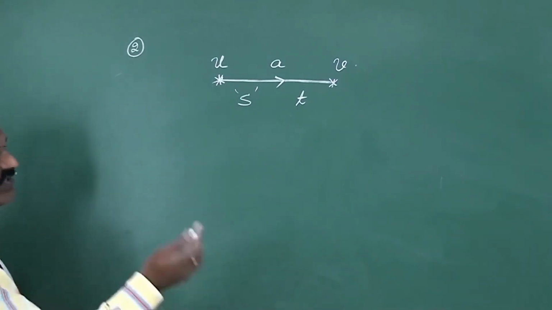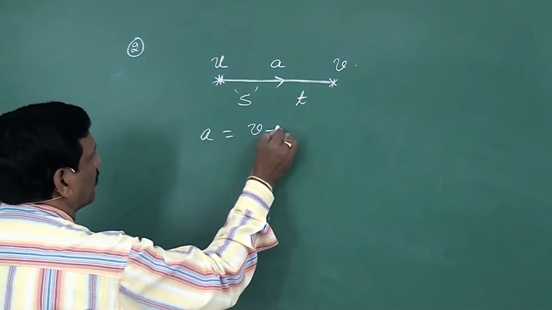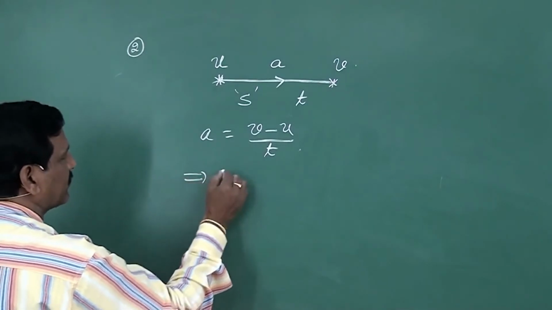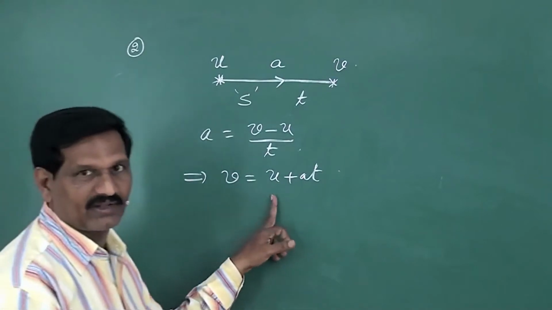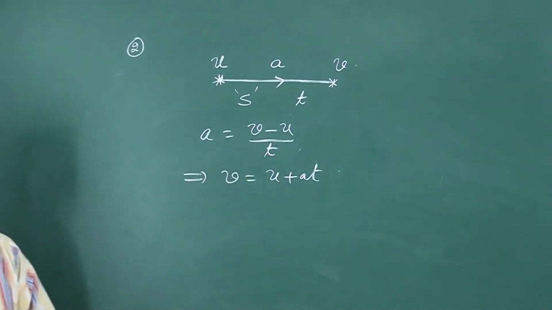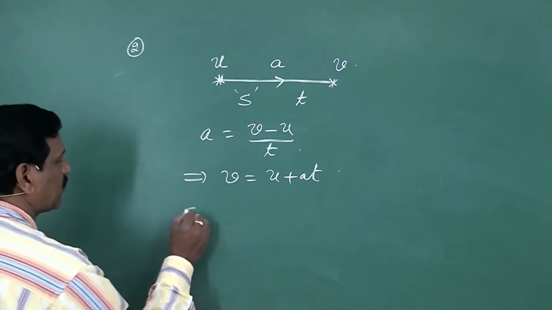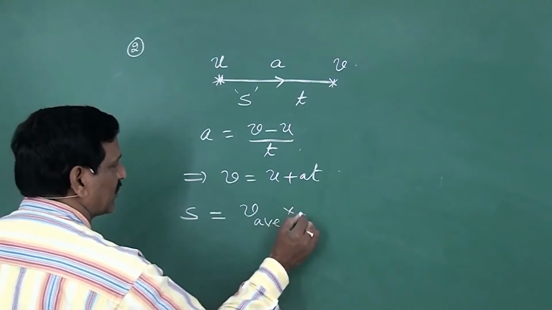Now, from the definition of acceleration, you can write a is equal to (v minus u) by t. From this, v is equal to u plus at. This is the first kinematic relation we have already derived. Now, what is displacement? Displacement s is equal to average velocity into time.